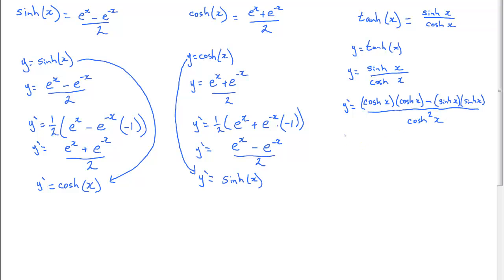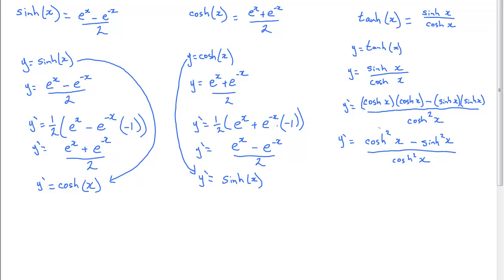So there's our derivative. Let's simplify it and see where this is bringing us. That's hyperbolic cosine squared of x minus hyperbolic sine squared of x all over hyperbolic cosine squared of x.